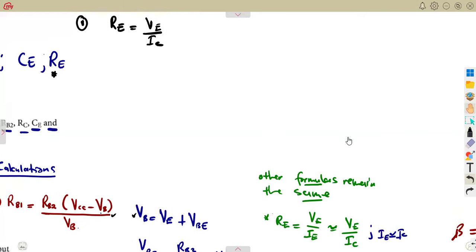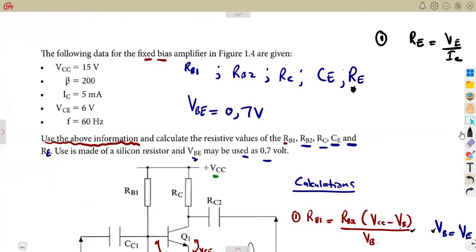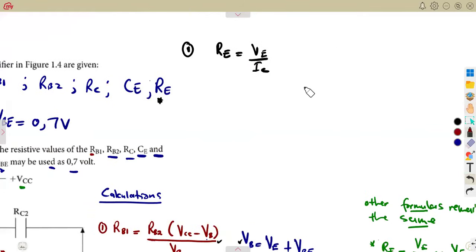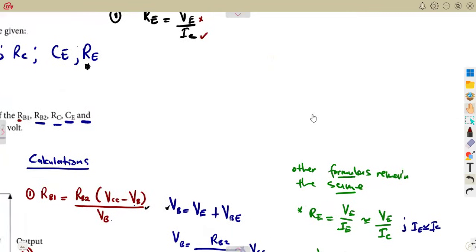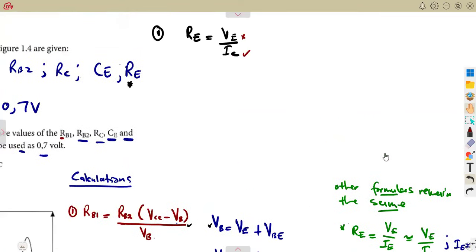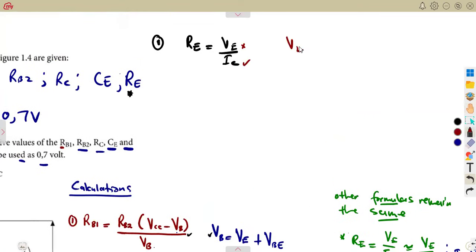Okay, let's check. Are we having VE? Are we having IE? VE we do not have, but IC, this one is given, which is the same as IE. So we do not have this one, but we have IC. So how can we calculate VE? Remember, VE is what? 1 over 10 of VCC. So we can calculate VE from there because this is 1 over 10 of VCC, or simply VCC over 10.